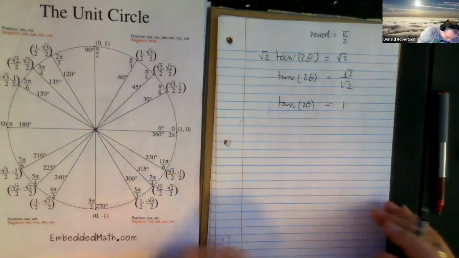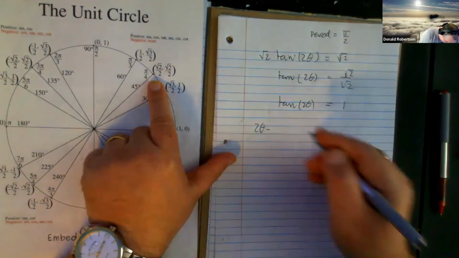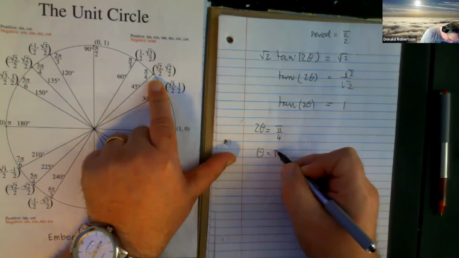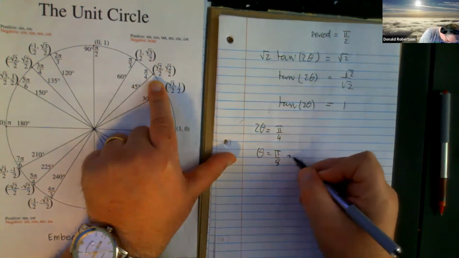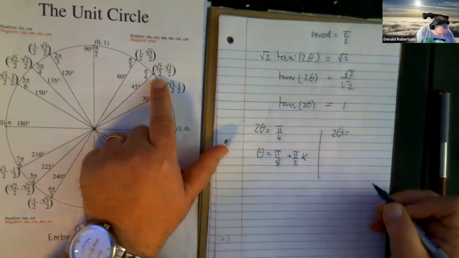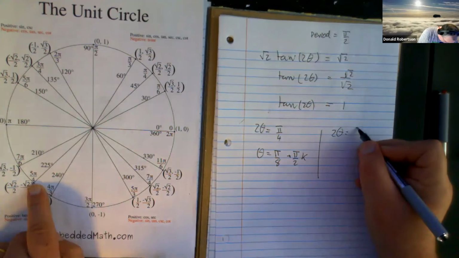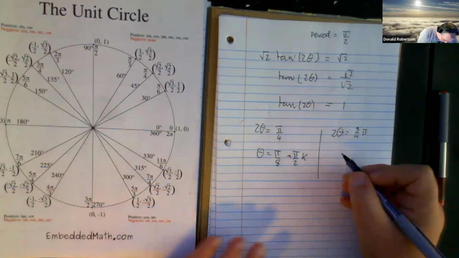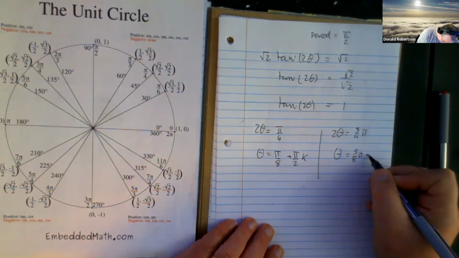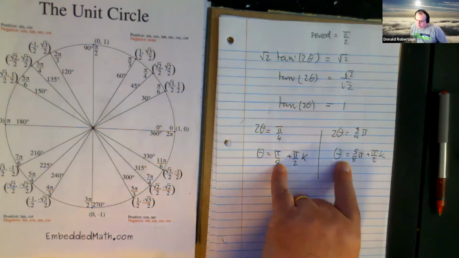I'll go to my unit circle. And if I find what angle has a tangent of 1, one of my answers is pi upon 4. And that gets me theta is pi upon 8 plus the period k. If I look for another answer where that is also true, I get way down here, 5/4 pi, and that gets me theta is 5/8 pi plus pi upon 2 k. Are we comfortable with those two solutions?